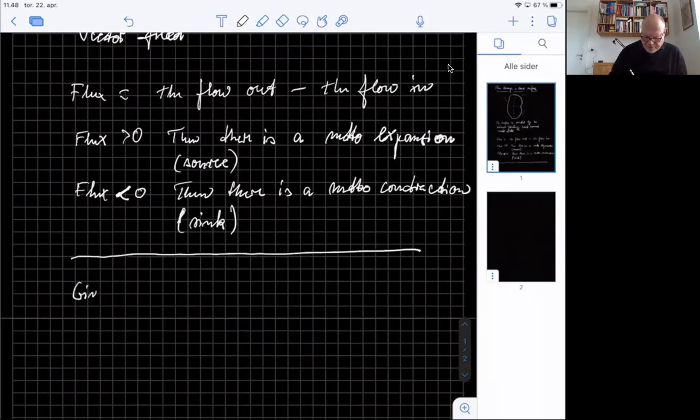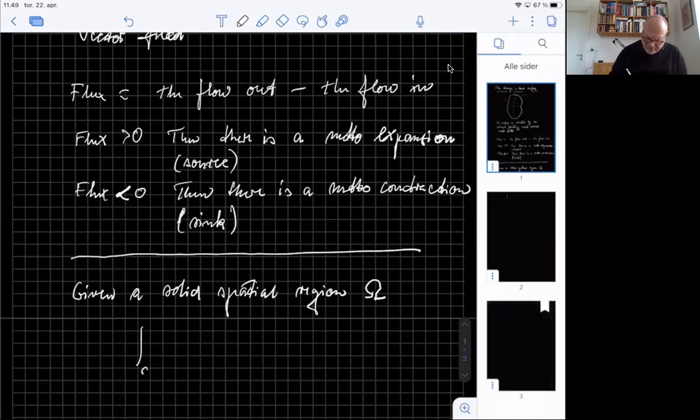So, given a solid spatial region, and I denote this omega, then the flux out of the boundary of this region is equal to the volume integral across the region of the divergence of the vector field.